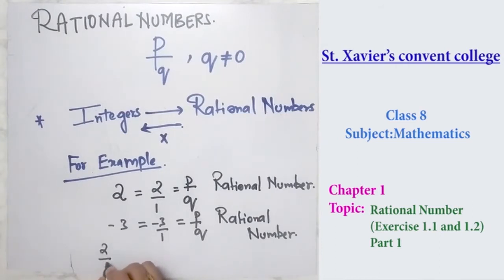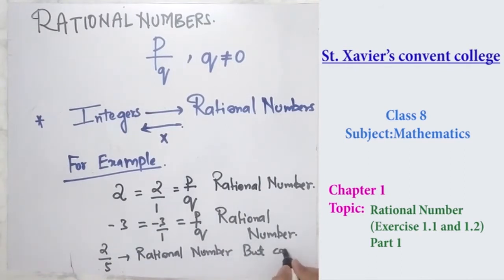You have 2 upon 5. It is a rational number, but it cannot be an integer. That's why we do not take it as part of the integers.